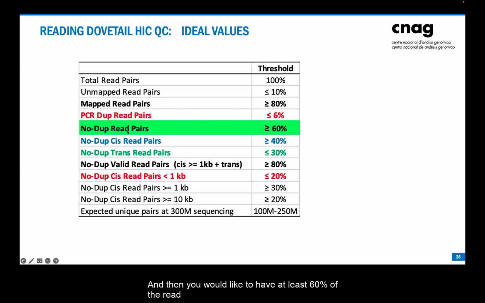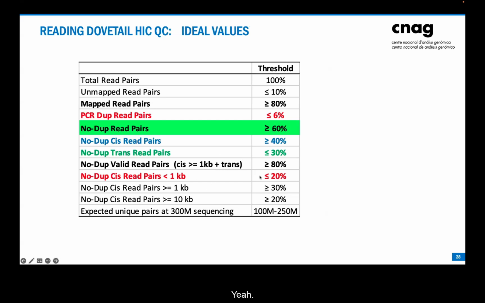And then you would like to have at least 60% of read pairs mapped uniquely. And then, let's say 40% is below 30% trans, above 80% valid read pairs.